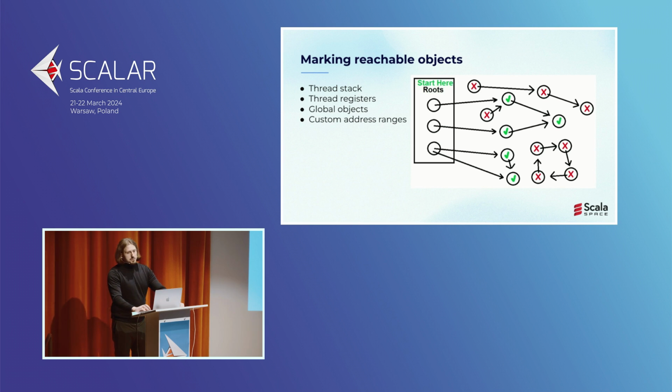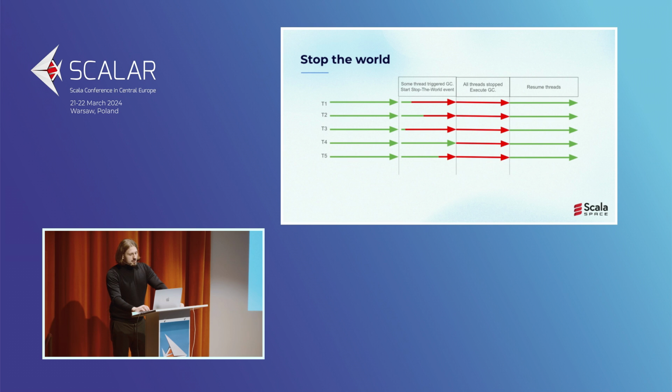So how do we deal with that? The simplest solution, which exists both in the JVM and Scala Native, is to stop the world. That simply means that we want to achieve a state in which we know that no user thread can allocate new objects or might require us to be somehow involved in the garbage collection.